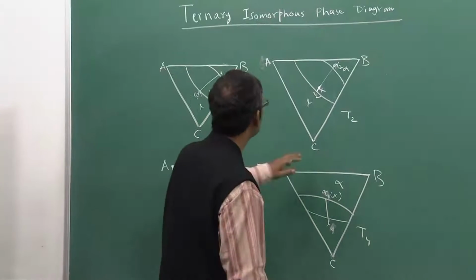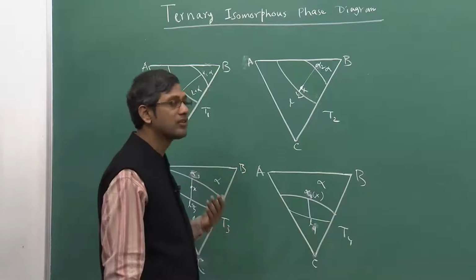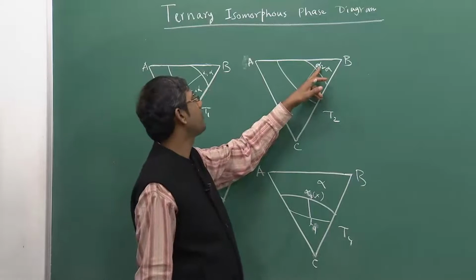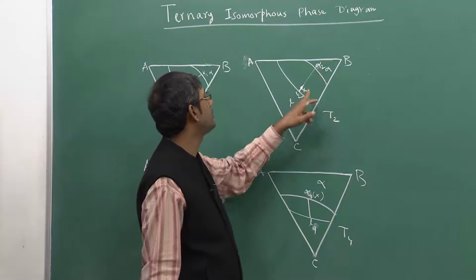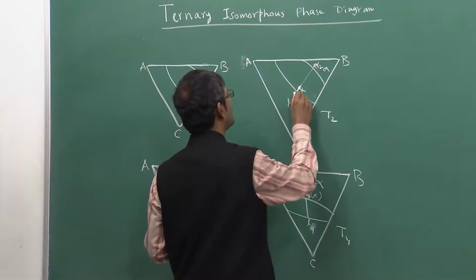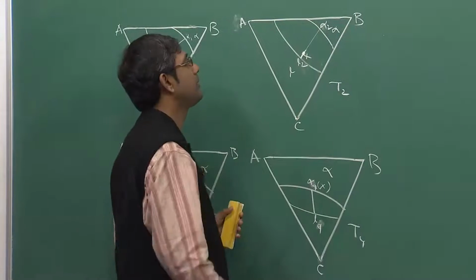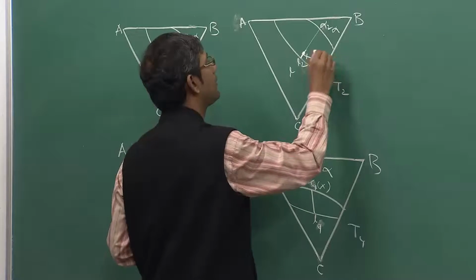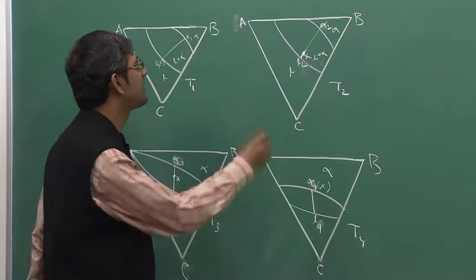Now, if I go to temperature T2, some amount of alpha has solidified. The composition of alpha is given by alpha 2, and the liquid is given by L2. Again 3 zones: liquid, liquid plus alpha, and alpha. X is sitting there.